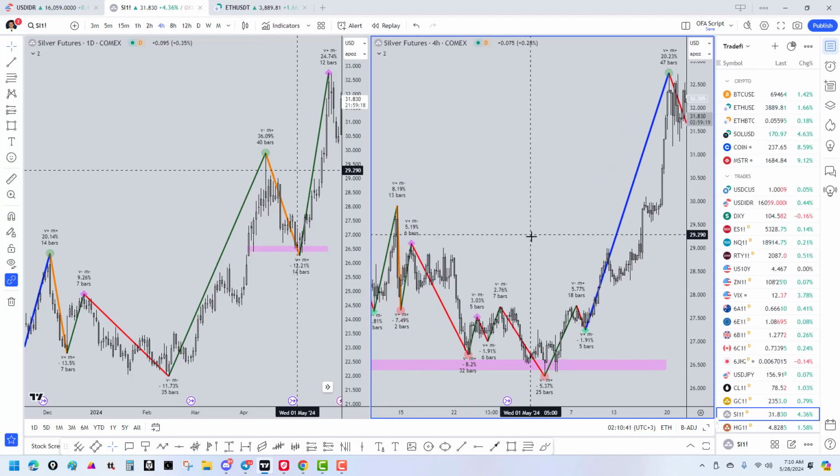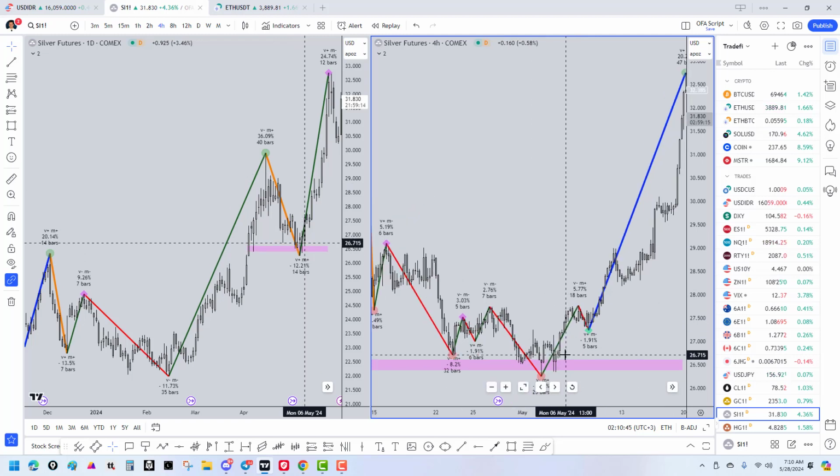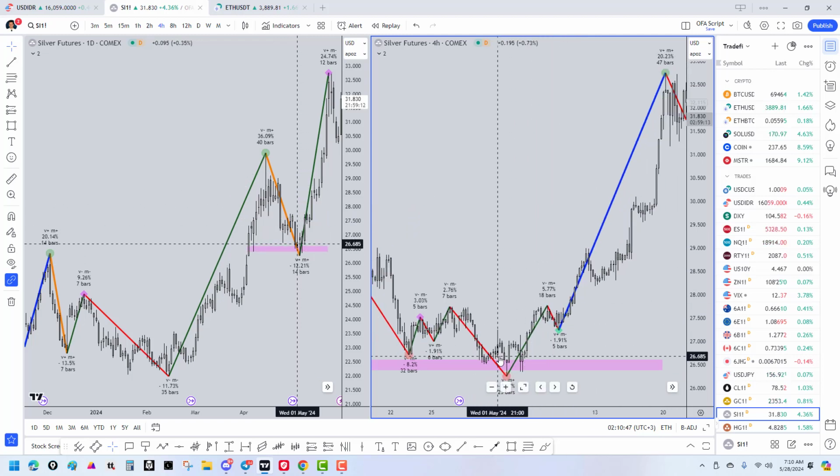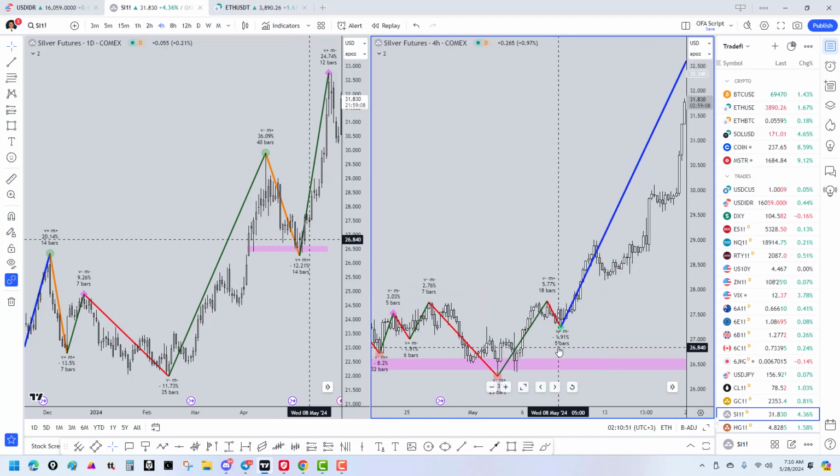So once the market comes into this 26.5 and retests that level, we wait for the OFA script to fire that signal, and lo and behold, once again that green diamond is being printed. Remember that these diamonds are instances that are fired when we have two legs that are decreasing in magnitude and that have been previously preceded by a different pattern that I am explaining in detail through the course.